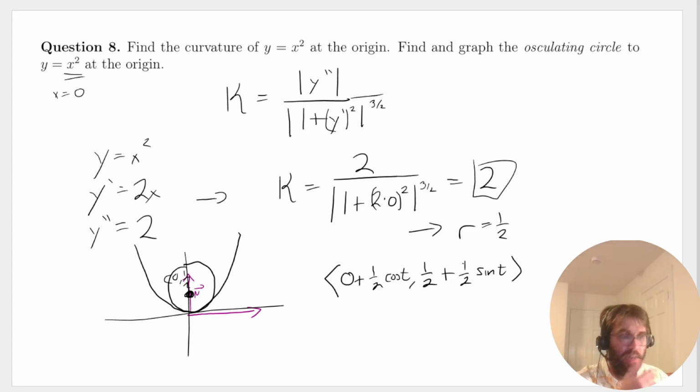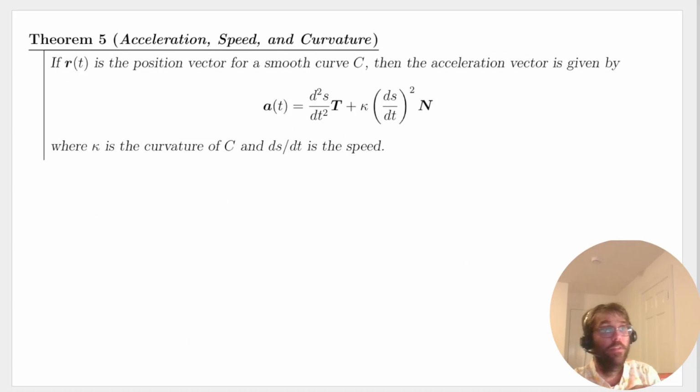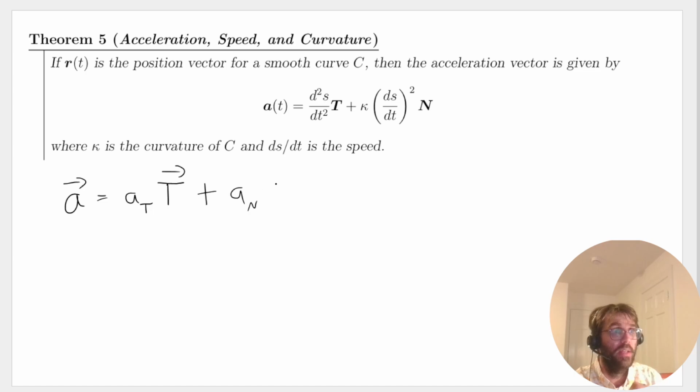We're almost done here. One thing that we can take from this is that you can actually go back to that a of t formula. Remember that we said the acceleration is a tangential component times the tangent vector plus a normal component times the normal vector. And a tangential, we can already work out what this is.